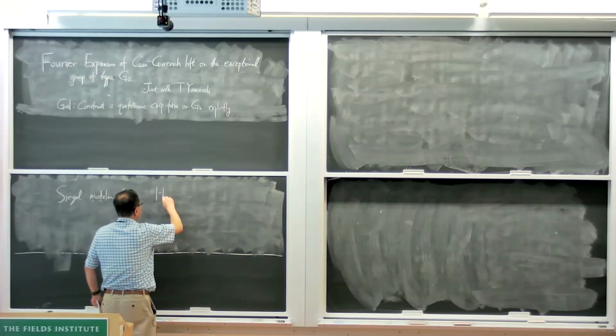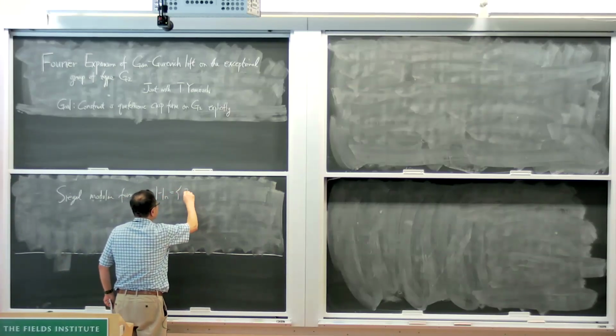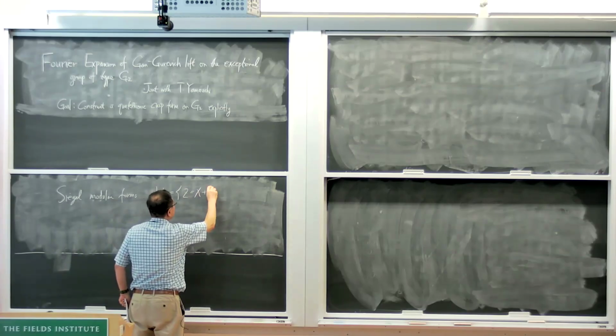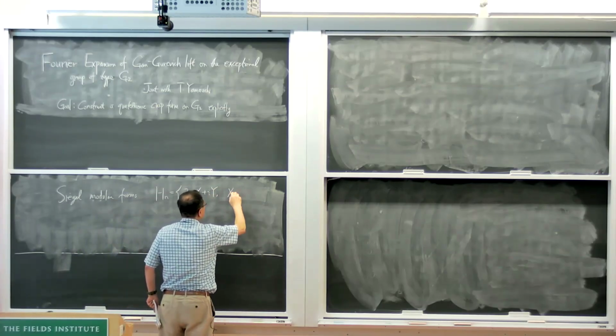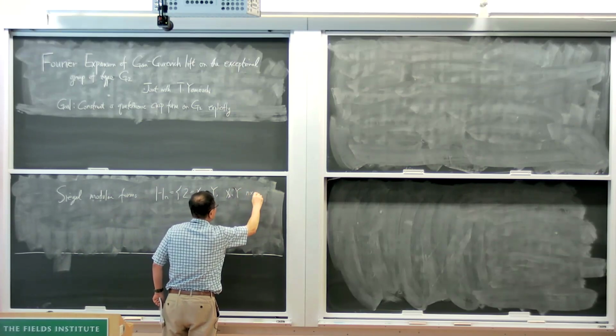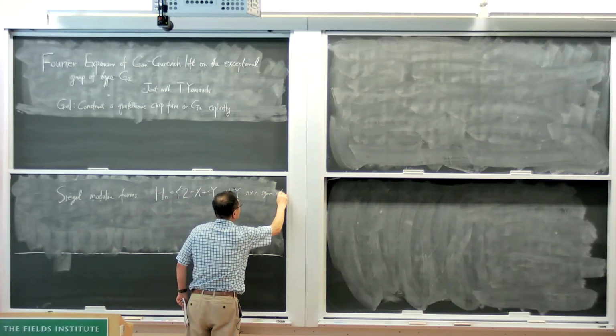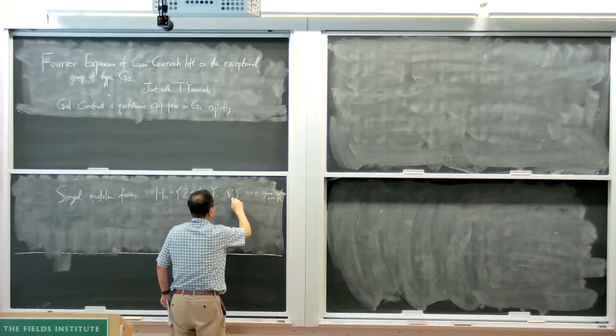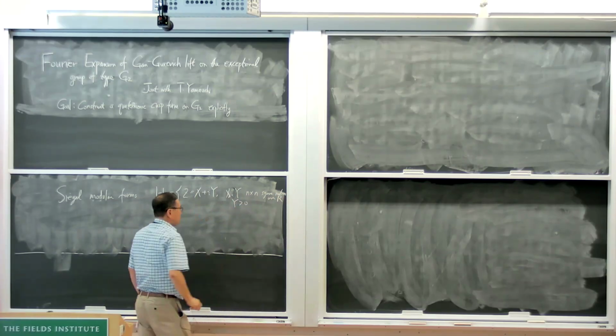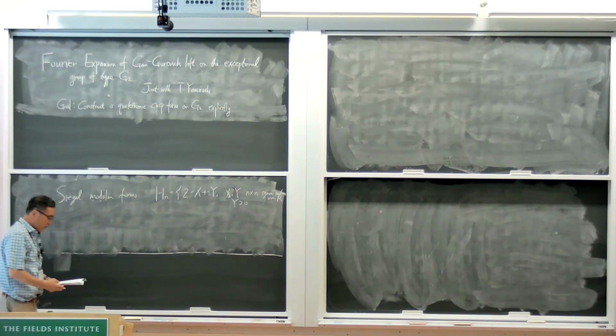So H_n is the set of Z = X + iY, where X and Y are n by n symmetric matrices over R, and Y is a positive definite matrix.